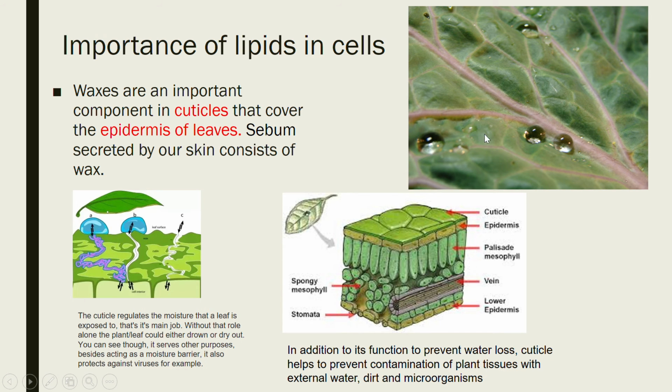If it is on top of the leaf lamina, it is not going to diffuse through the leaves because of this waterproof cuticle. That's how it serves to prevent contamination with external water, dirt, or even pathogens or microorganisms that we mentioned just now.